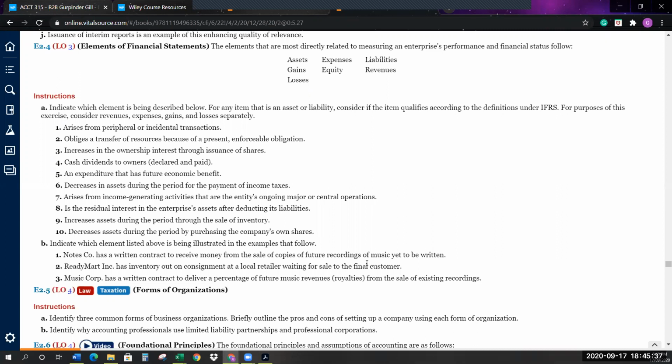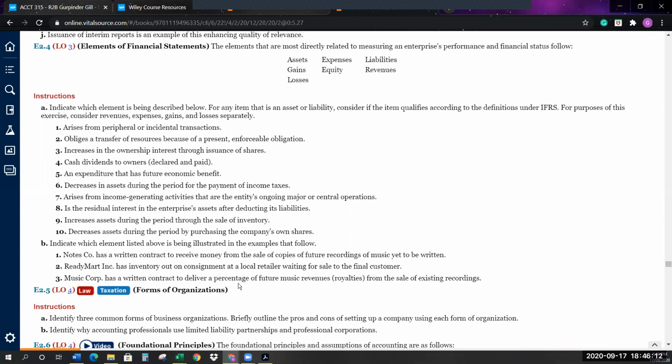All right. Here we are going to go through these items to say which financial statement they should go to and what category to send them to. The first one is arising from peripheral or incidental transactions. A peripheral or incidental transaction is something that the company does not do on a day-to-day basis. Let's say you are thinking of a bakery shop: what they do day to day is sell baked goods. Say he bought or sold some shares.